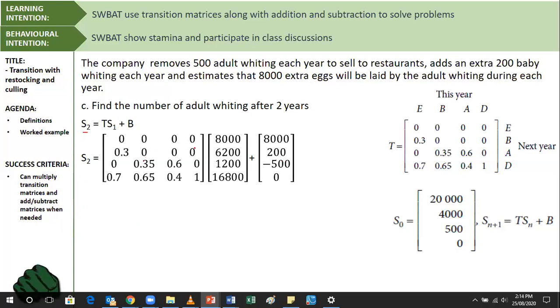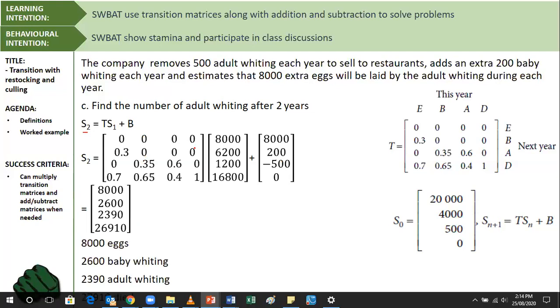So once again, this just becomes CAS work. If you put this into CAS, multiply the T matrix by S1 plus the B matrix, these are the numbers that you're going to get. Then it's asking how many adults you're going to have now. 2,390 adult whitings is what you're going to be left with at the end of the second year. So if they wanted the third year or the fourth year, you just continue this particular pattern.